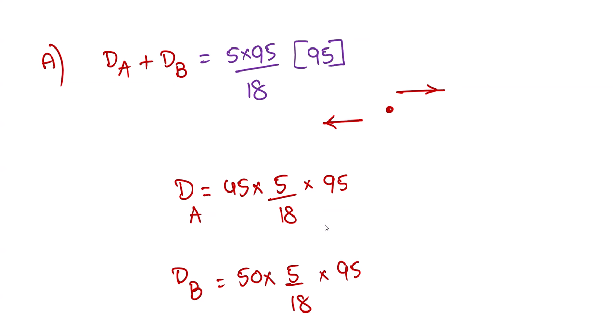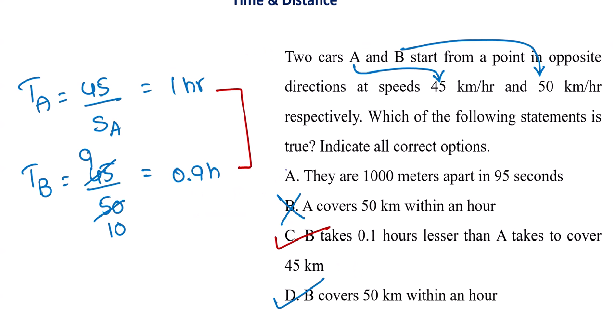Opposite directions, yes, this is dA plus dB. Adding, the distance between those two is not 1000 for sure. It won't get cancelled. It's not equal to 1000. Some value, fine, but it's not 1000. So A is wrong, and only C and D are correct.